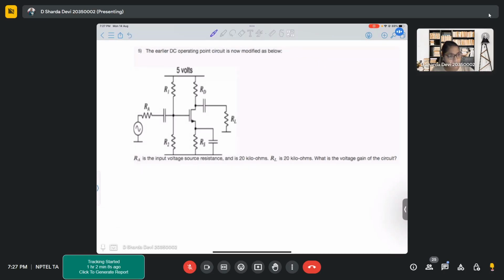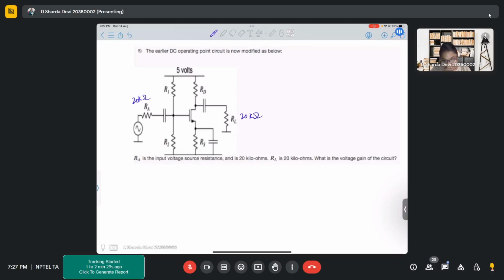In this particular problem, RA is the input voltage source resistance of 20 kilo ohms. RL is again 20 kilo ohms.